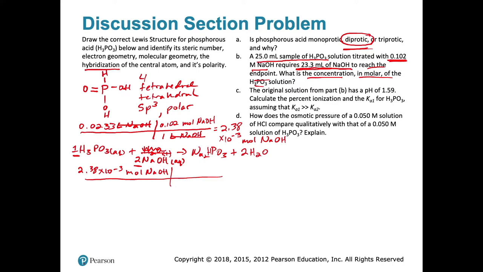And so down here we have for every 2 moles of sodium hydroxide, like so, right? Which is good because now we can cancel out moles of sodium hydroxide. And then at the top, what do we put? What are we trying to get to?